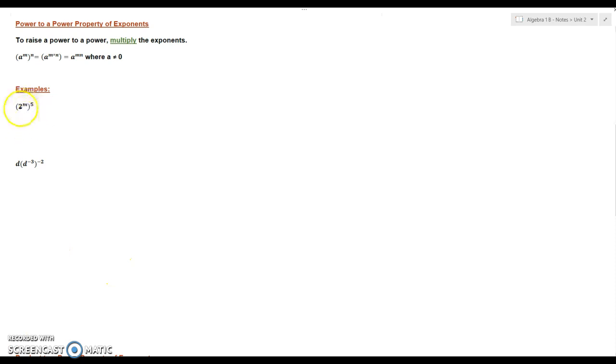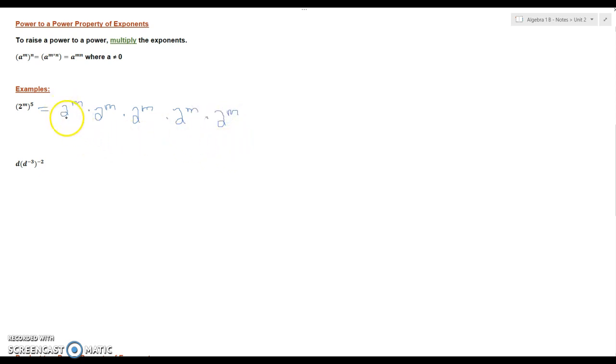So in our first example here, we have 2^m. So our base is 2^m, and we're going to do that to the fifth exponent, or 5 times. So what this looks like if we were to write it out long ways is 2^m times 2^m times 2^m times 2^m times 2^m.